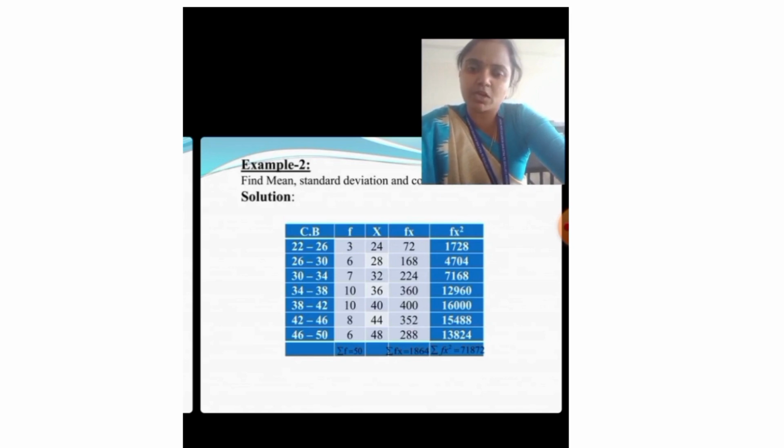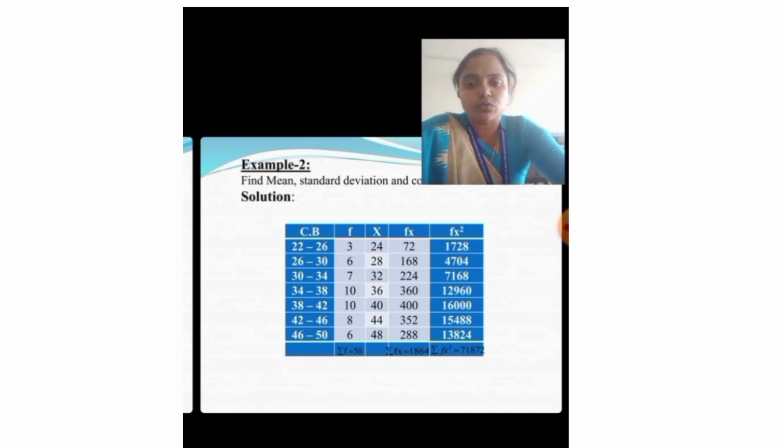Then we find f into x, that is frequency into midpoint: 3 into 24 we get 72, 6 into 28 we get 168, 7 into 32 we get 224, 10 into 36 is 360, 10 into 40 is 400, 8 into 44 is 352 and finally 6 into 48 we get 288.